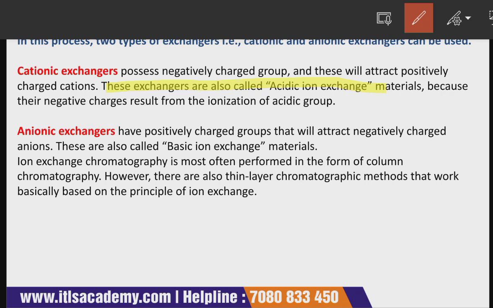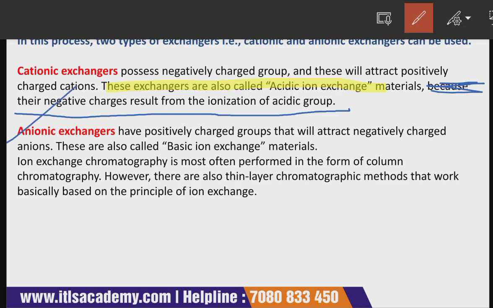The answer is because their negative charge results from ionization of acidic groups. So this is the answer for this question.